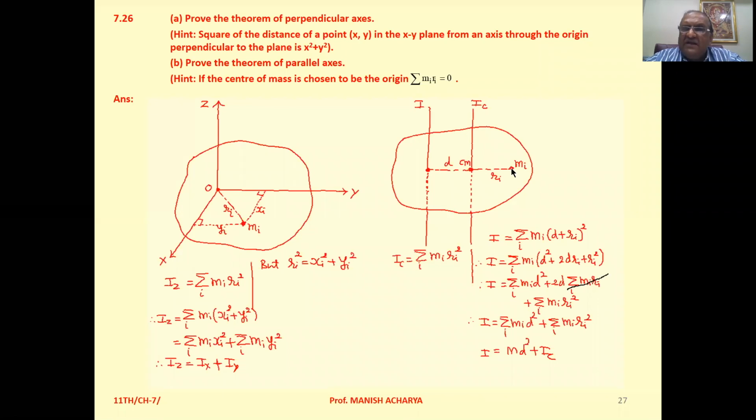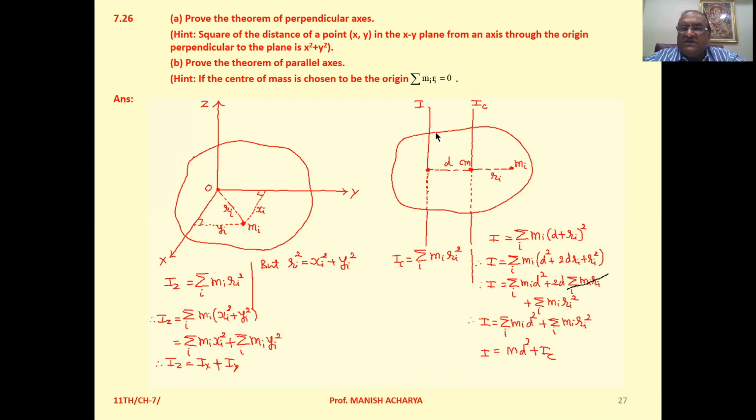Suppose we consider the ith particle with mass equal to mi, at a distance ri from the center of mass. So with respect to this rotational axis passing through the center of mass, the moment of inertia of this particle is mi ri square.